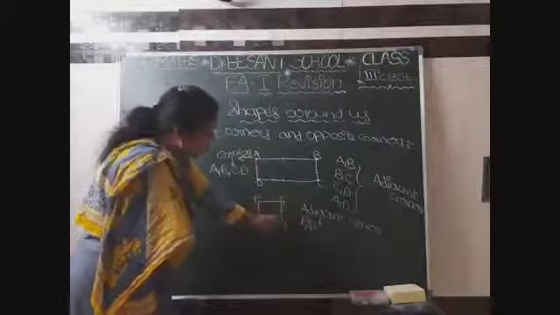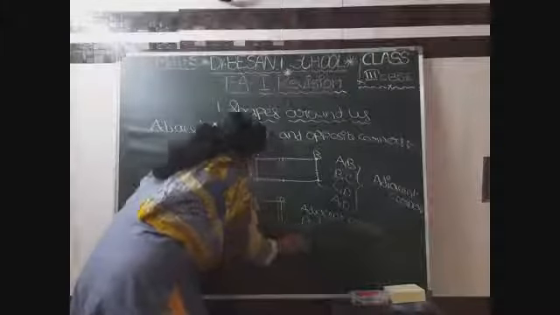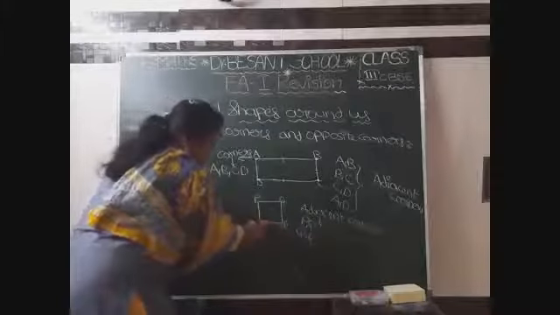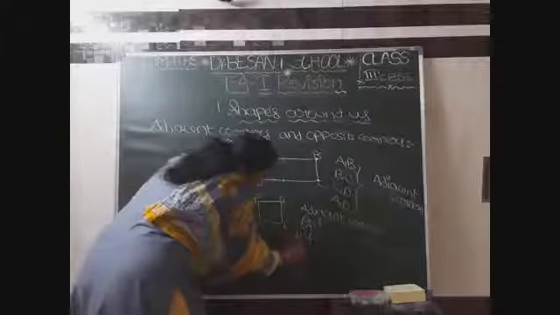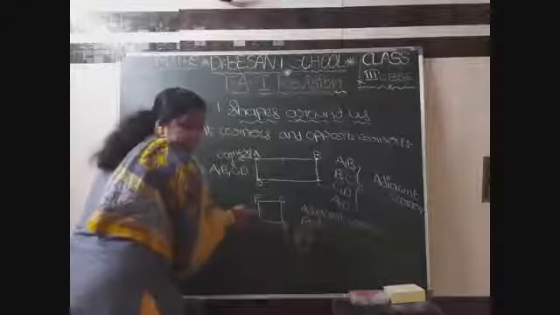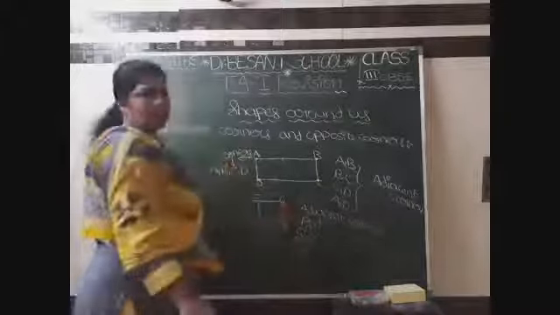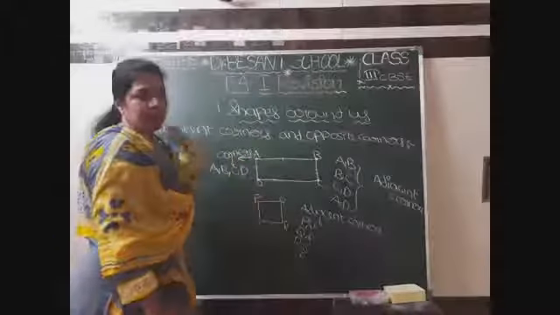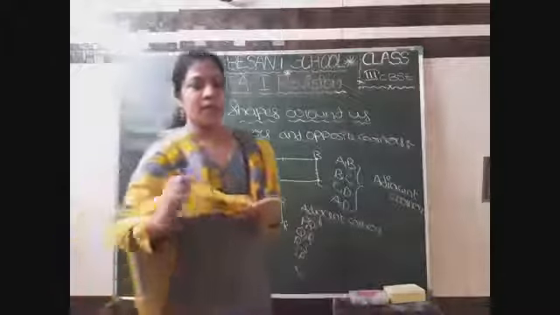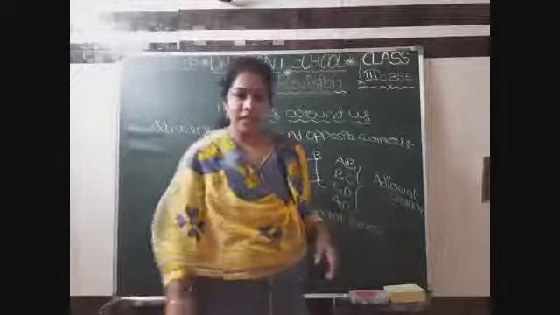Next, Q and R are sharing this side. That's why Q comma R are one pair. And R and S are sharing this side. That's why R, S are adjacent corners. And S comma P are sharing this SP side. That's why S comma P are adjacent corners. All these are the adjacent corners for this square. Okay, children, have you understood about the adjacent corners?